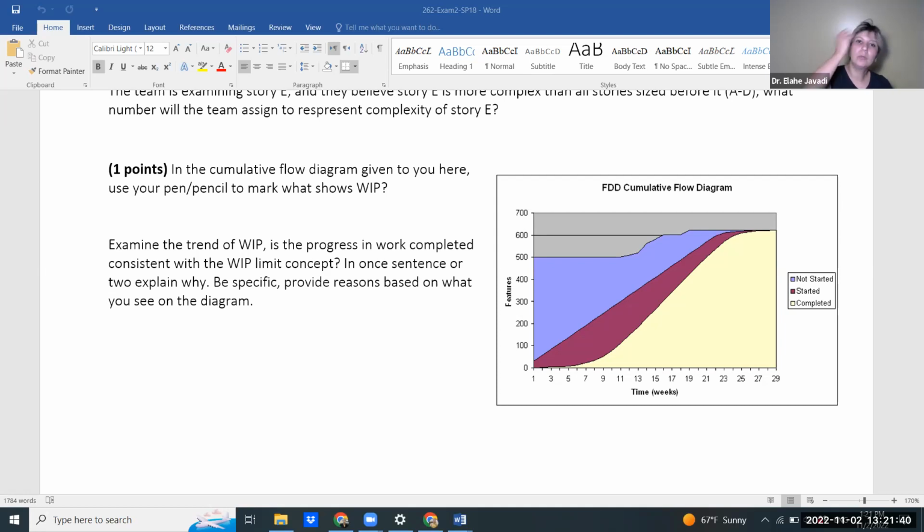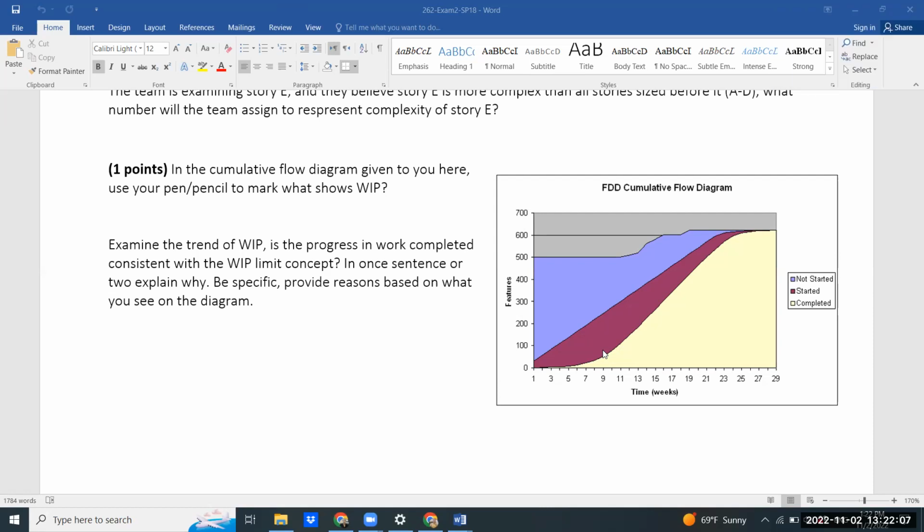For you, it would be the doing column, the middle column. So the color band here for work in progress, Dana, because you asked it, I'm going to talk to you. Do you see the color band for work in progress or started? Yes. So do you feel like this team knows that they have to limit work in progress, or do you think they're still learning that topic?